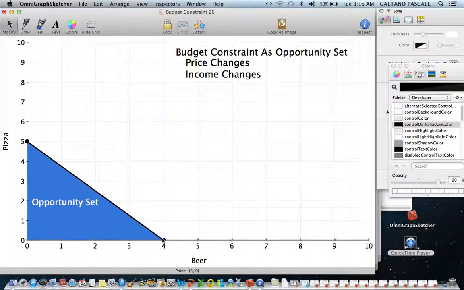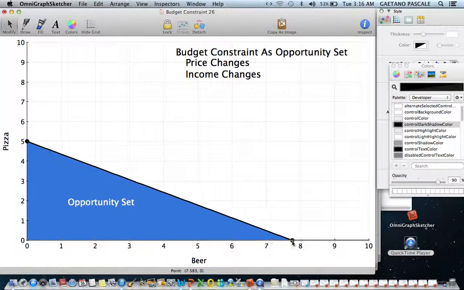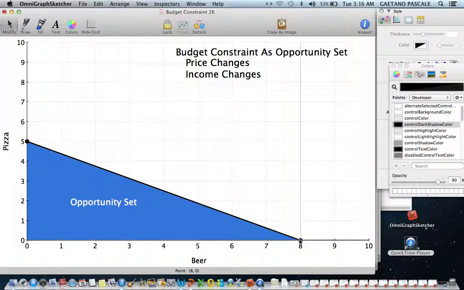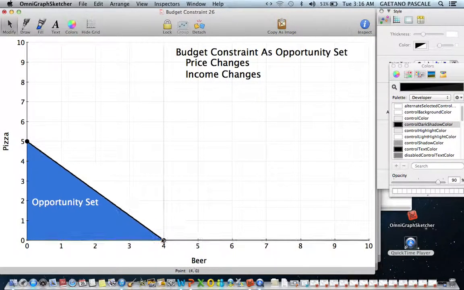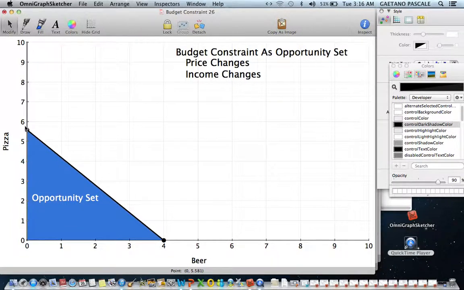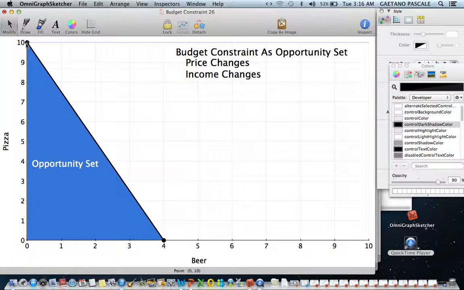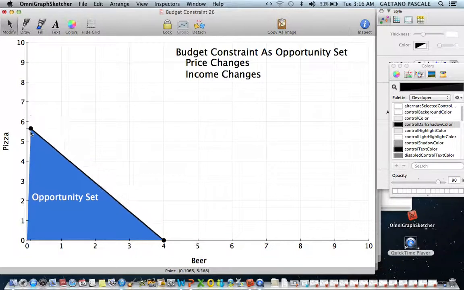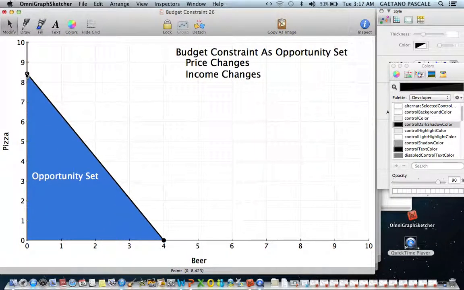Here's our original opportunity set, and when the price of beer falls by 1/2, the opportunity set increases. Same thing for pizza. If the price of pizza declines by 1/2, now I can consume 10. You can see that the budget constraint has shifted, but also that the opportunity set has increased in size.